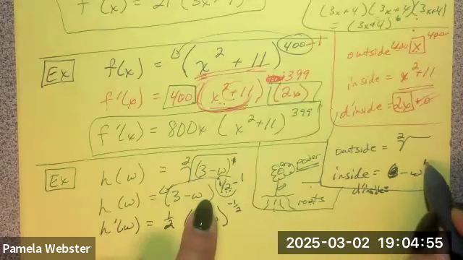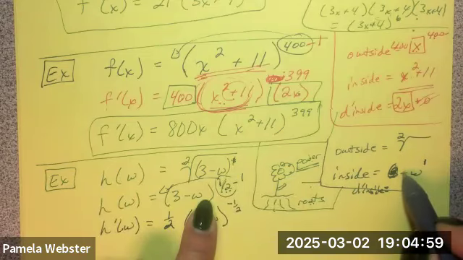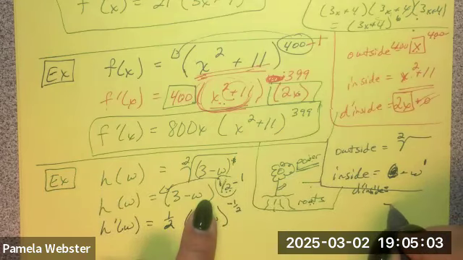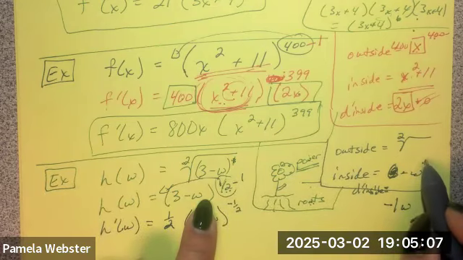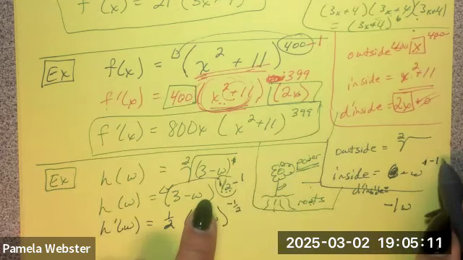But remember, the exponent on this w is a 1. So when I go to take this derivative, it's 1 times negative 1 is negative 1 w. What happens here whenever I go 1 minus 1? 1 minus 1 is 0, right?